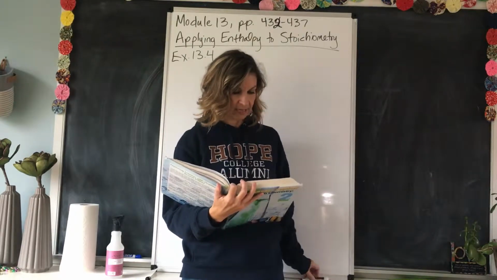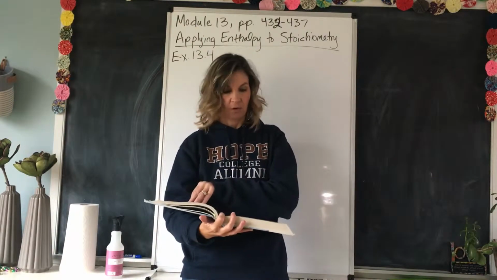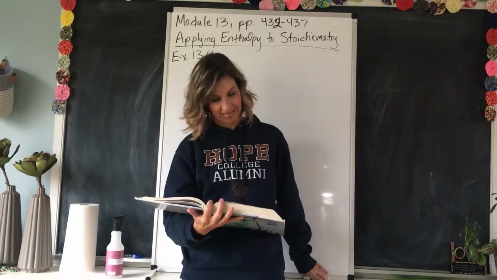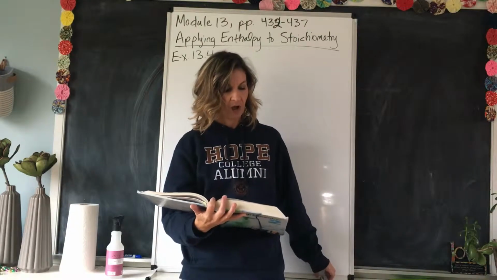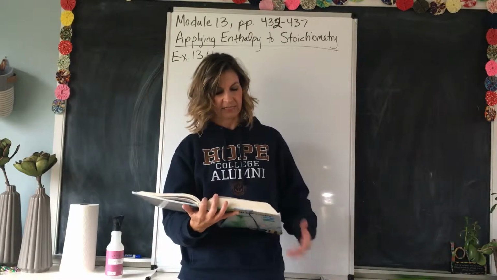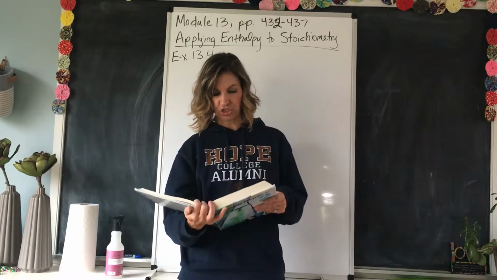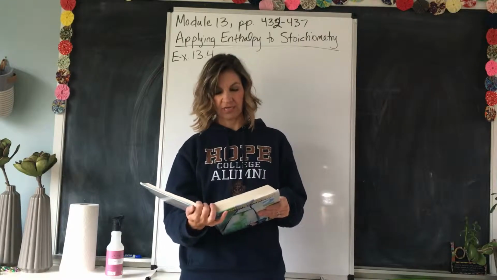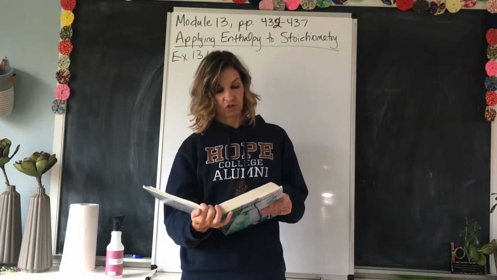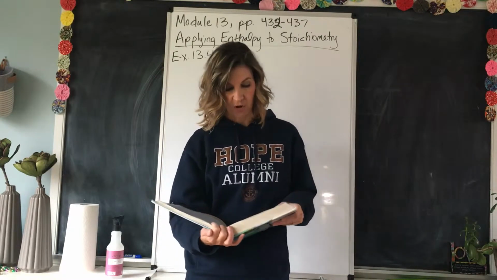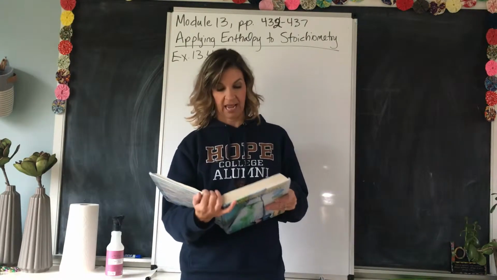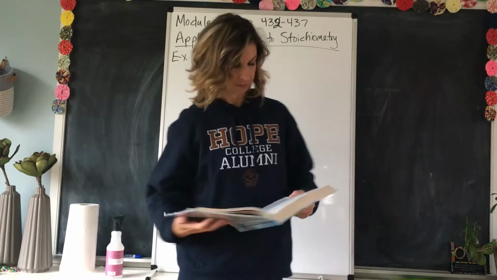We determined previously that the delta H for the combustion of ethyl alcohol is negative 1,236 kilojoules. How much energy can be produced by burning 150 grams of ethyl alcohol in excess oxygen?